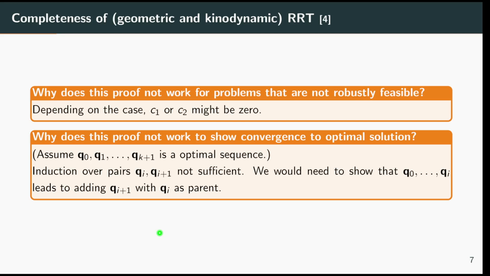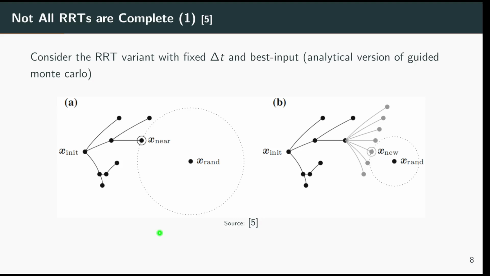So we have now seen a little bit more formal way of this series of balls argument, and it turns out that not all RRTs are actually complete. And that's a bit harder to grasp because the proof seems to be quite straightforward and nice, and actually coming up with cases where some of the assumptions are not fulfilled is much harder.